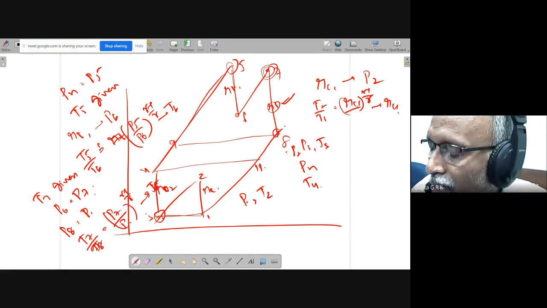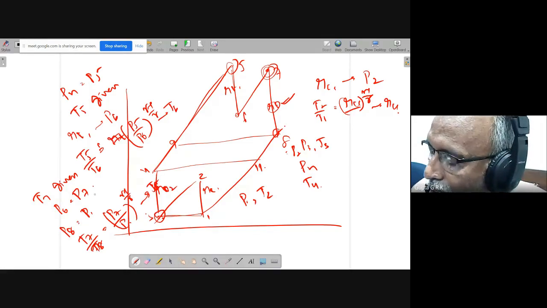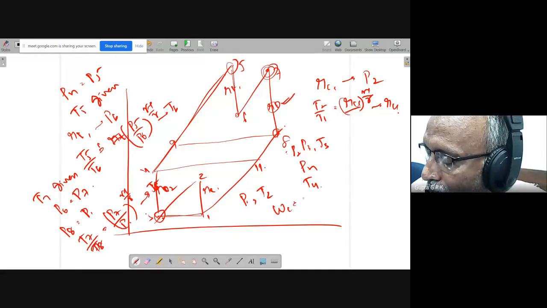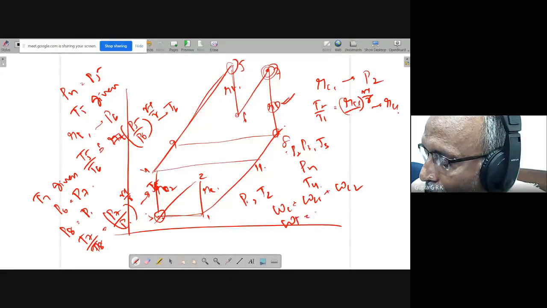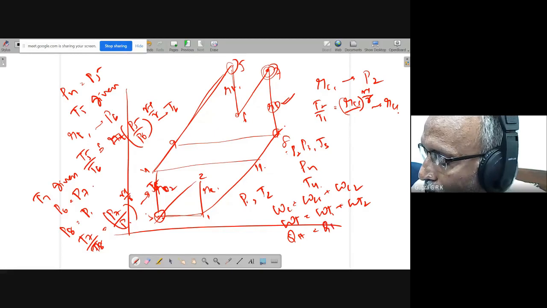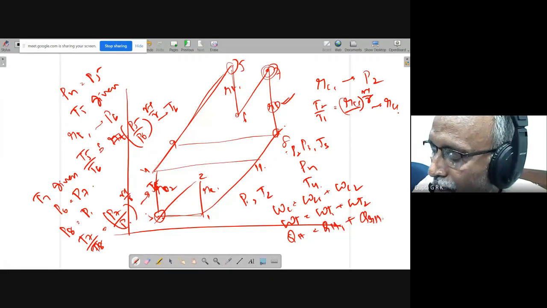So once I get all the temperatures, WC is equal to WC1 plus WC2, WT is equal to WT1 plus WT2, and QH is equal to QH1 plus QRH, the reheater heat. Okay, that's all.